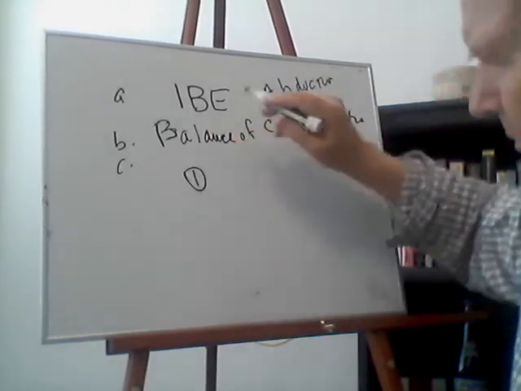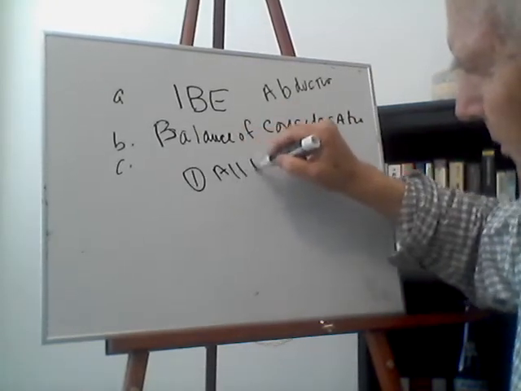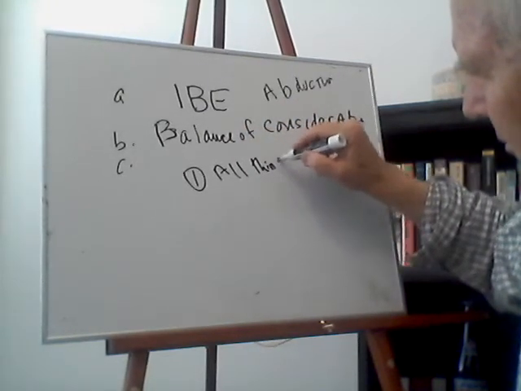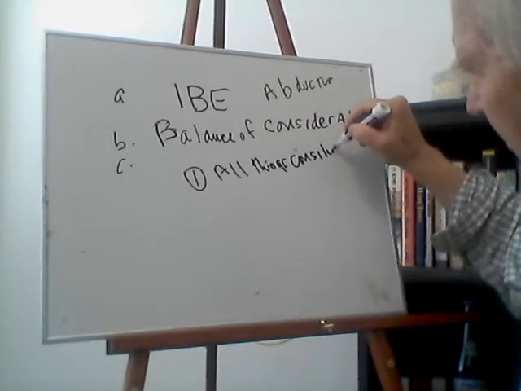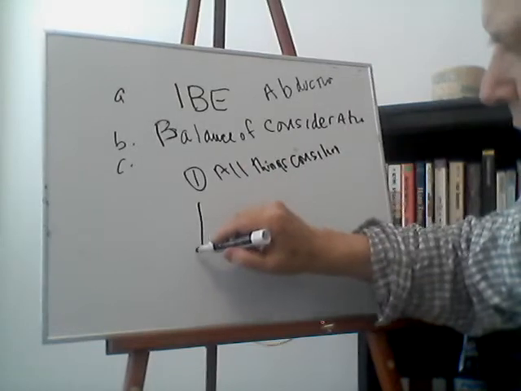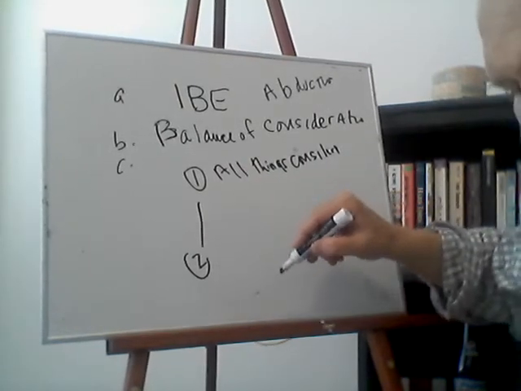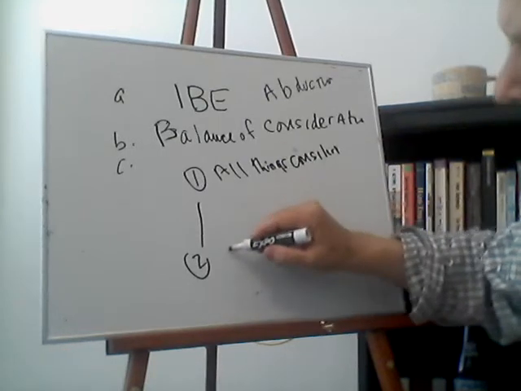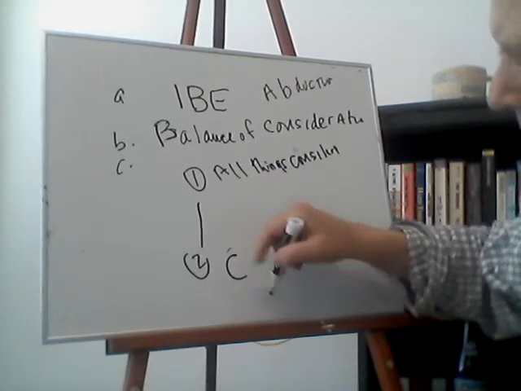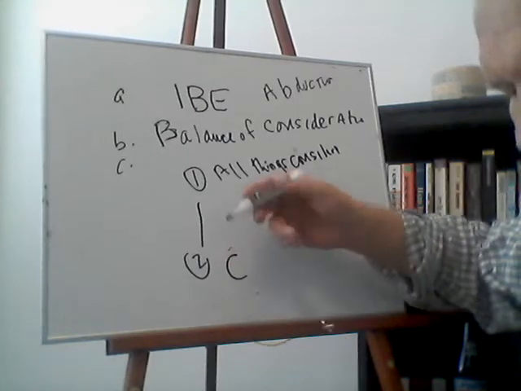So I'll just put all things considered. They don't tell you what they've considered, but they've said all things considered, we should do 2. We're better off taking the Suburban. So that's the conclusion.